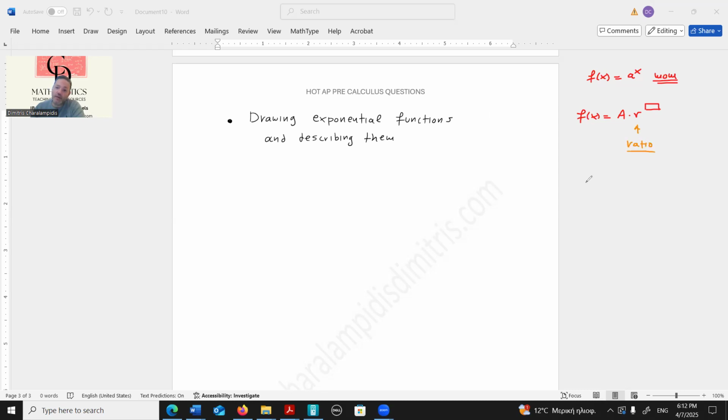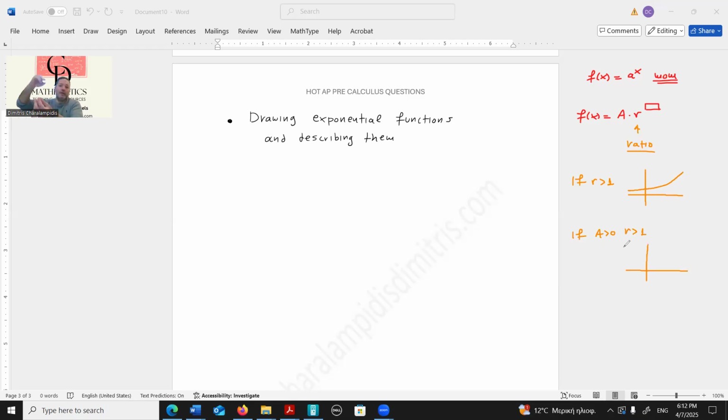Because we know that if this ratio is greater than 1, then the graph would look like that. Now, if A is positive and r is greater than 1, A plays the role of a vertical dilation.